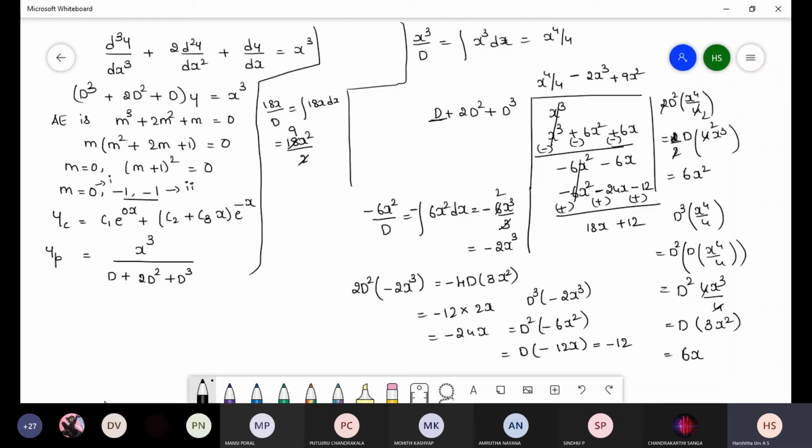When we differentiate 9x square, we get 18x.